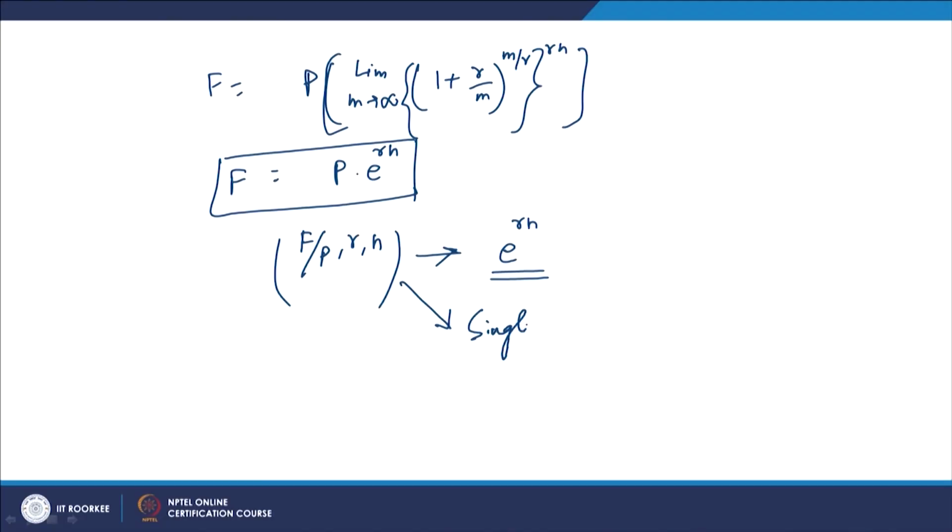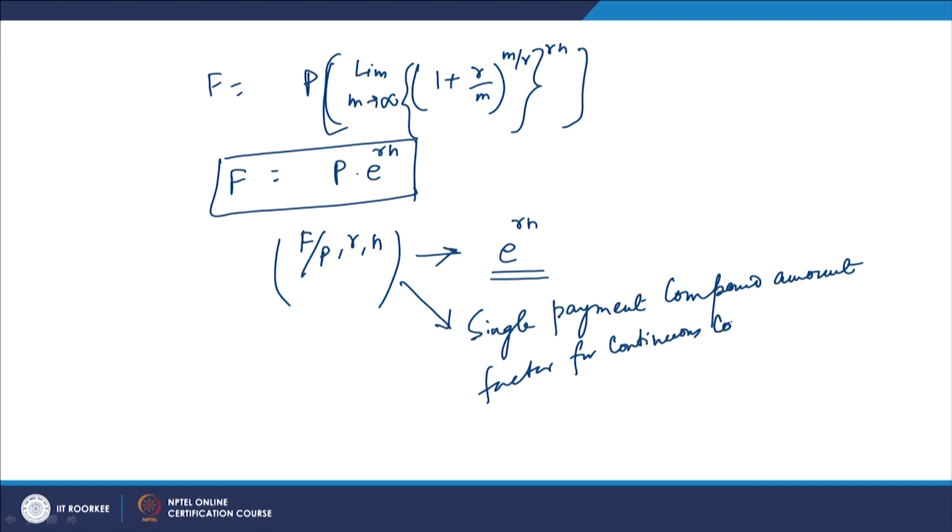This factor is nothing but the single payment compound amount factor for the continuous compounding interest. So, that is how we define the single payment compound amount factor in the case of continuous compounding.